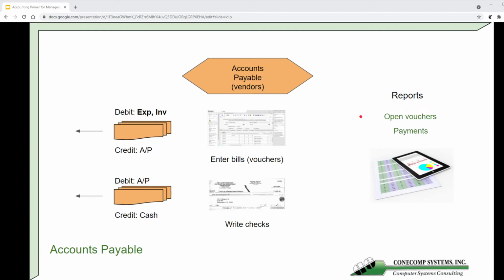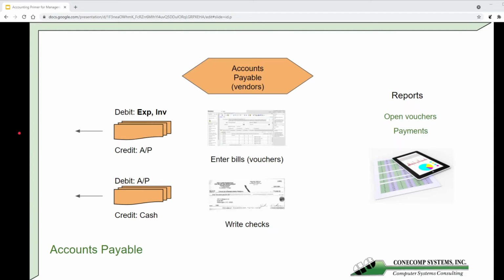Now, as a manager, though, there's one other aspect of this that we've looked at here that would be useful to you. But a little bit of an explanation first. We're showing you here that when the bills are entered, vouchers are created, general ledger transactions are sent to the general ledger.